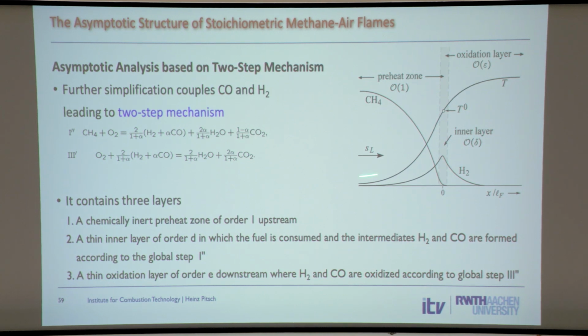Then I have this reaction which converts the stable intermediates into products, and that's the oxidation layer, which is wider than the inner layer. If I compare the three, this one here is order 1. The oxidation layer is much, much smaller than 1, and the inner layer is much, much smaller than the oxidation layer. That's how they are arranged.